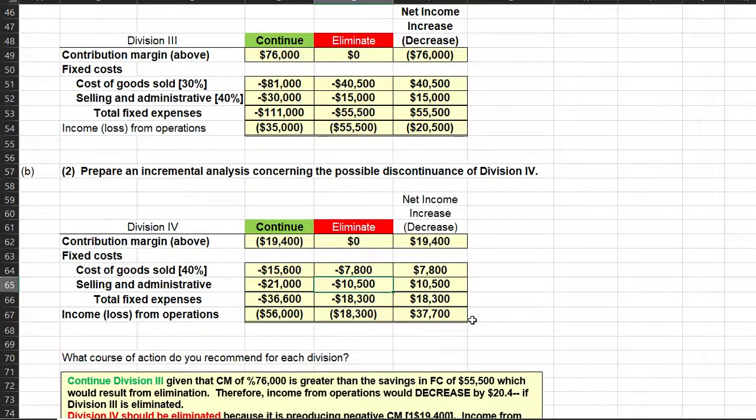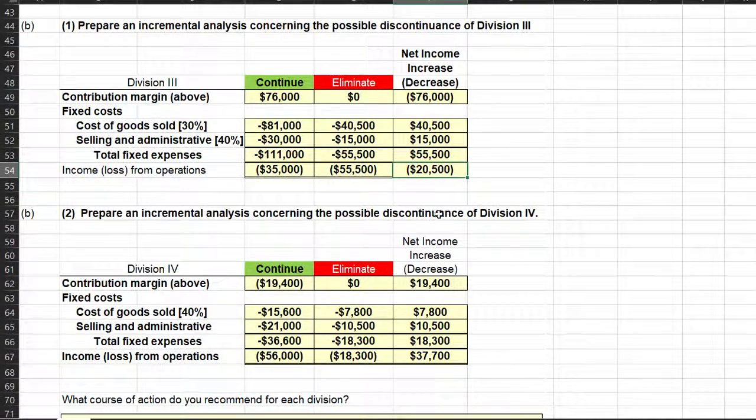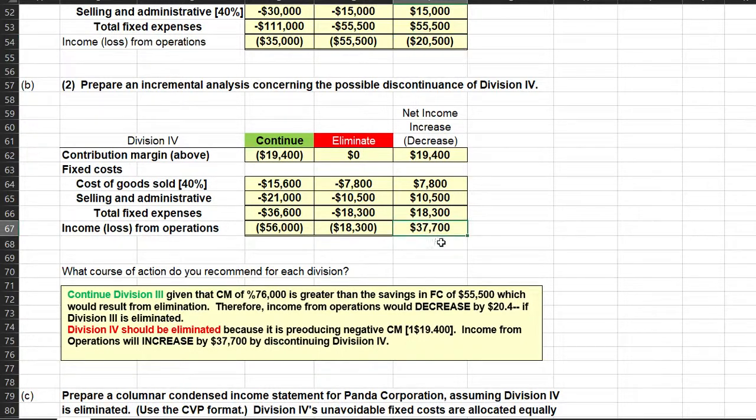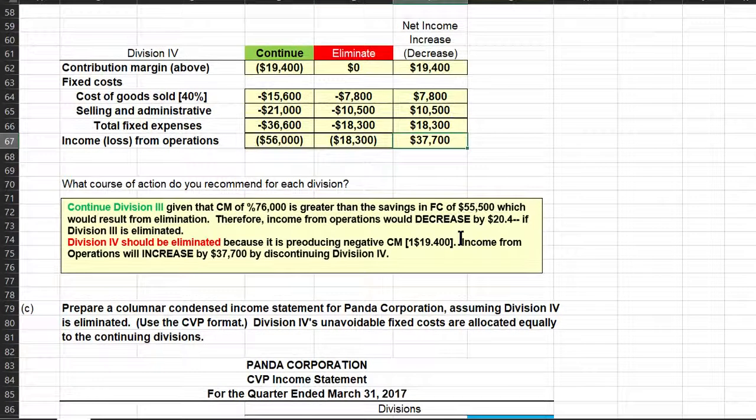Overall, we're looking at a $37,700 improvement in profit if we were to eliminate Division 4. Again, note this carefully. This is saying that if we eliminated Division 4, the profit of the organization would improve by $37,700. So comparing that with what happened with Division 3, we would definitely want to eliminate Division 4 and have our profit increase by $37,700.